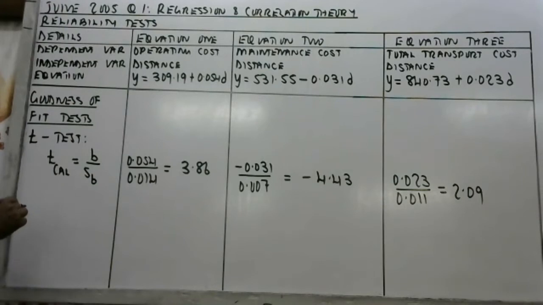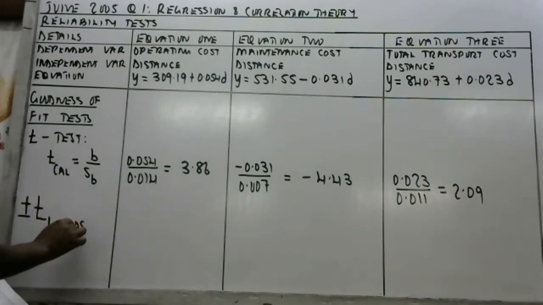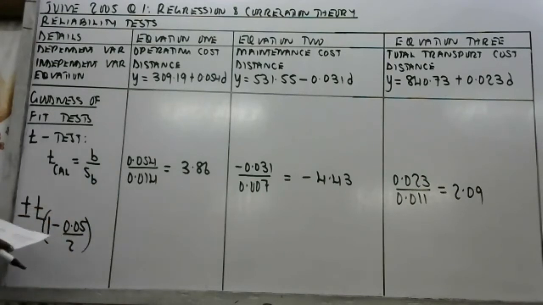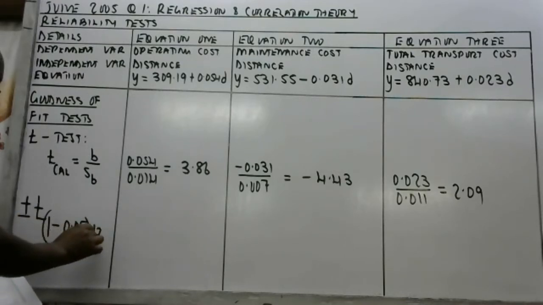The next thing that we require is plus or minus t at 1 minus 0.05 out of 2, and the degrees of freedom. These values are 12, so 12 minus 1.